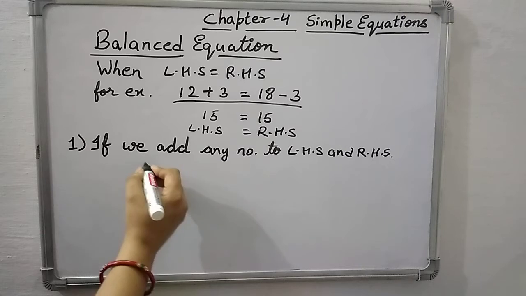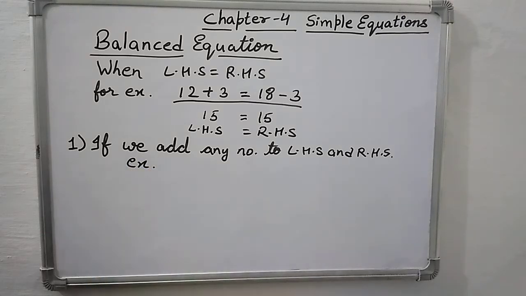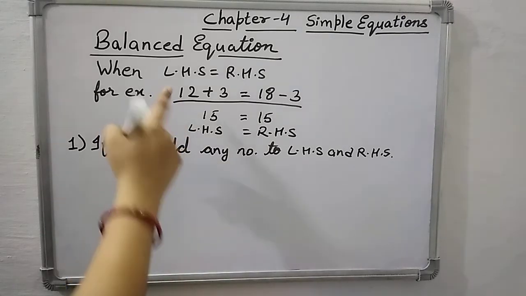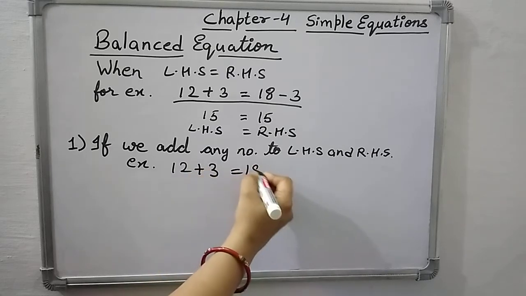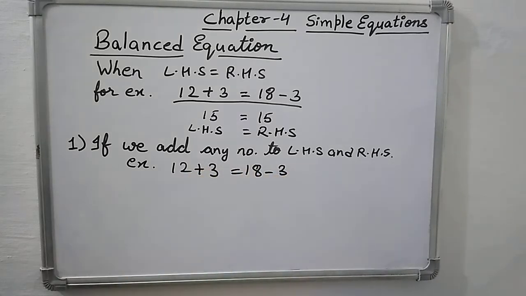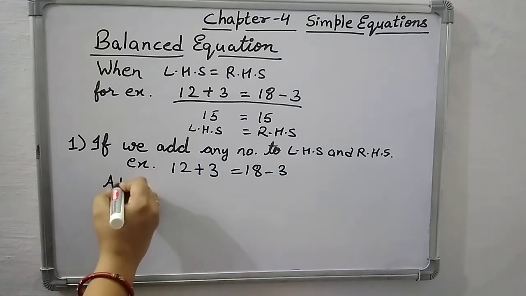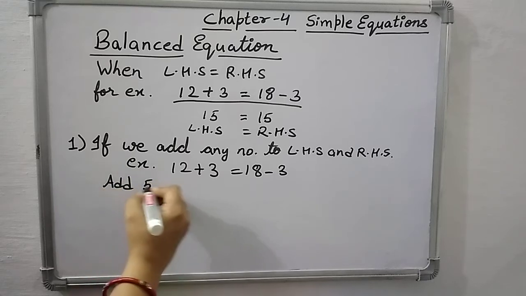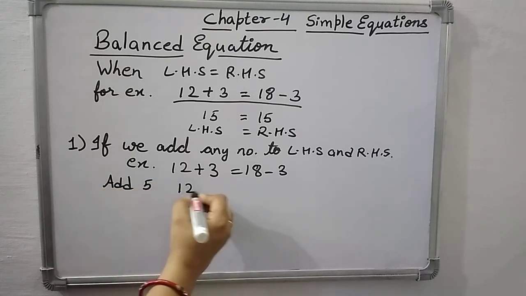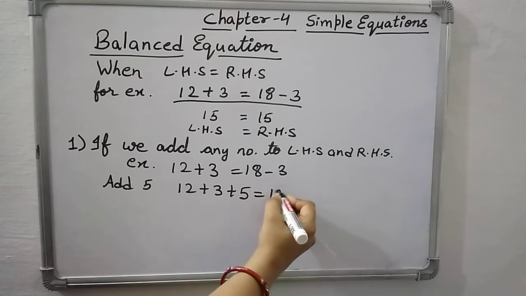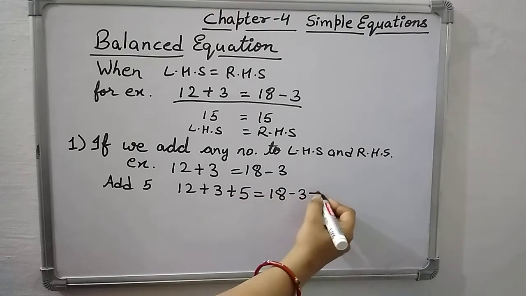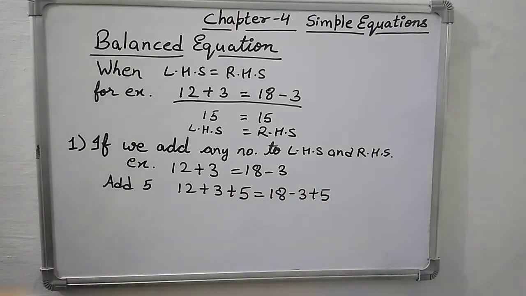So let's check with an example. Let's take the same example. Equation is 12 plus 3 equal to 18 minus 3. Now add 5 on LHS and RHS. So it becomes 12 plus 3 plus 5 equal to 18 minus 3 plus 5.